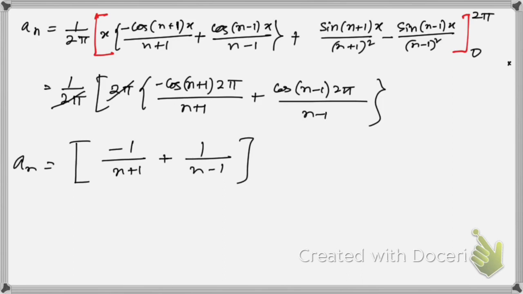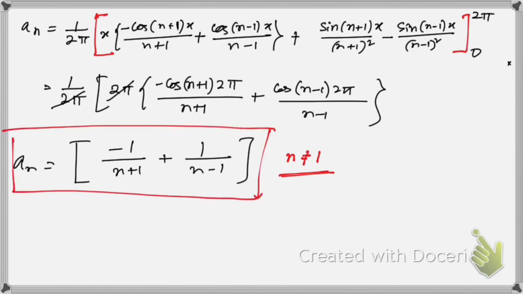Here you see one more important thing: n cannot be equal to 1, because if n is 1, then this term will be undefined. So n is not equal to 1. For n not equal to 1, we have got this value of an. Then what will be the value of an for n equal to 1?